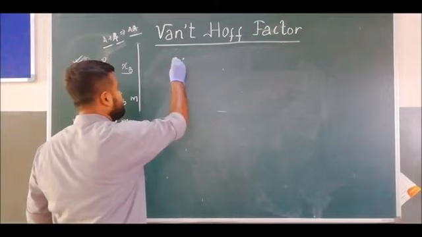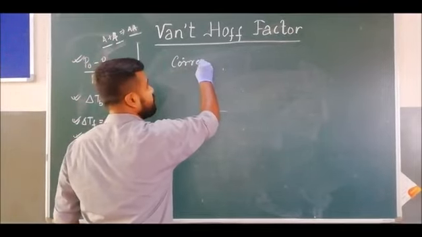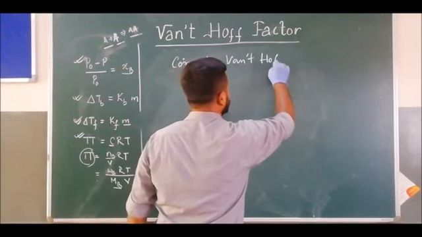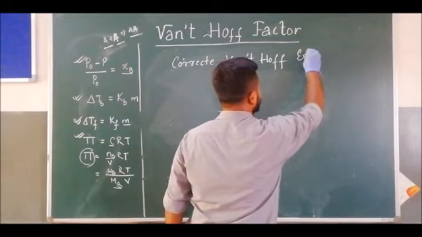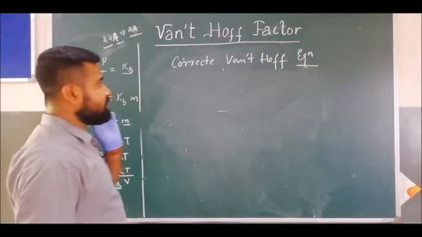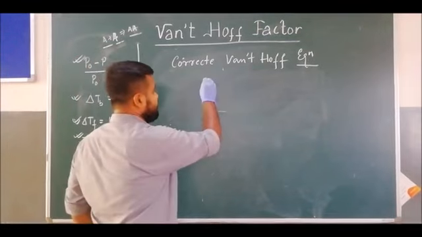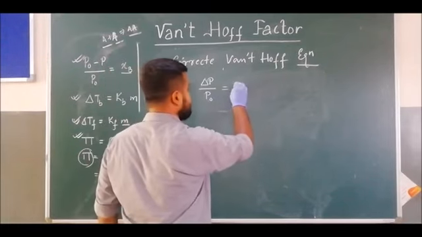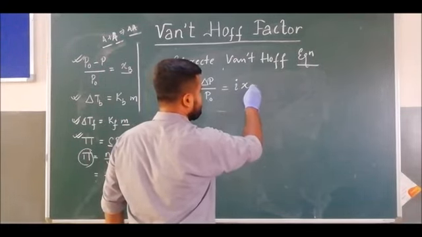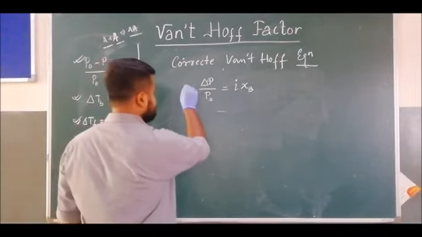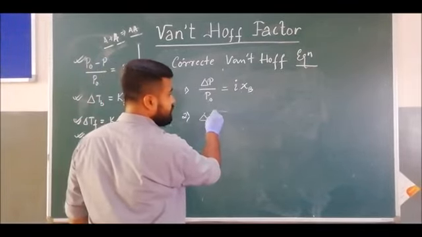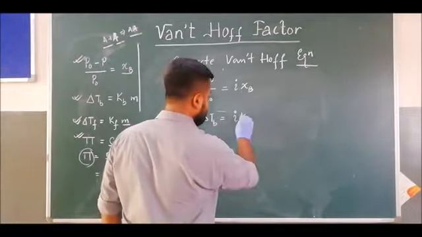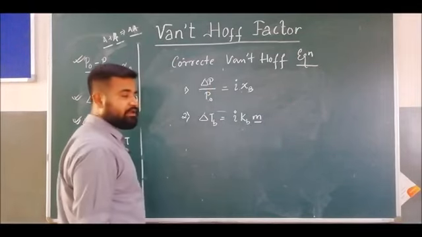Now at last, the corrected Van't Hoff equations, not factor, equations. What are the corrected Van't Hoff equations? Number 1, the relative lowering in vapor pressure can be written as delta P by P naught equals i into x_B. Second, delta Tb equals i into Kb into m, where m is molality.